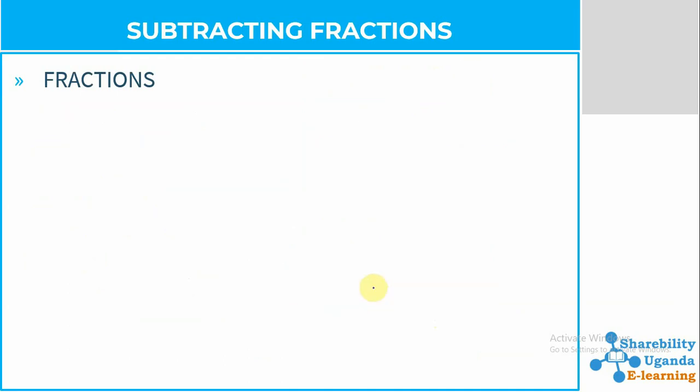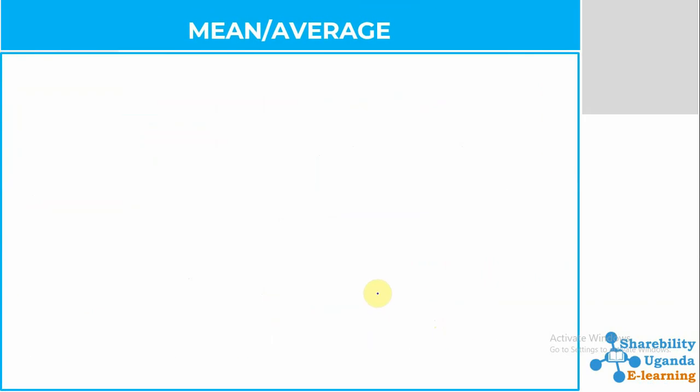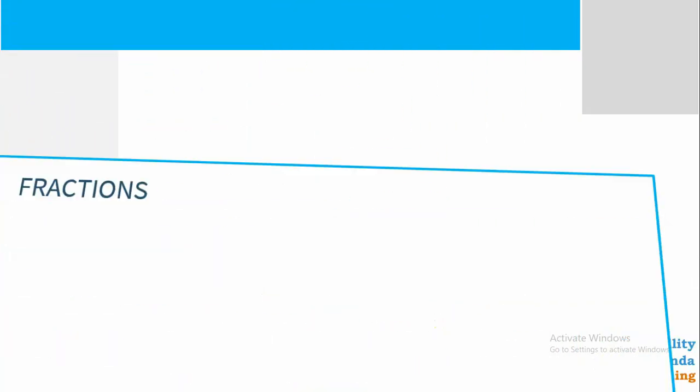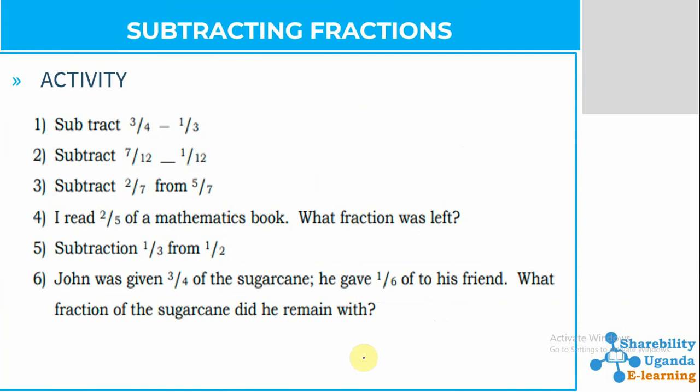We can see we have been left with our one question, which is also in a word statement. So we shall be able to start from here as we come up with the next lesson. Please also take note of it. As you can see, John was given 3 out of 4 of the sugar cane.